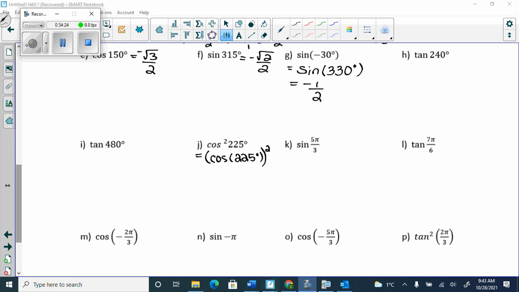Tan of 240. Tan your Xbox. What's y over x at 240? Negative root 3 over 2, and then I can stack fractions. Do I ever stack fractions? No. You will never, ever stack a fraction.